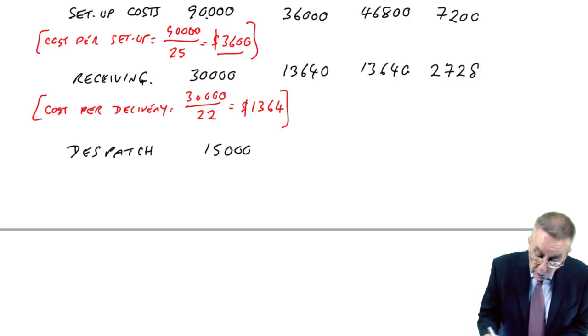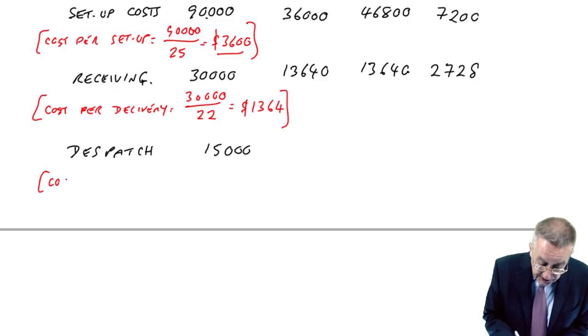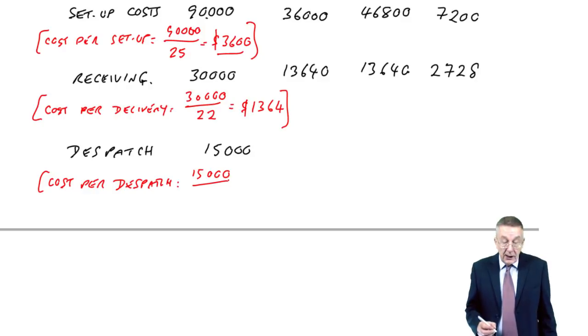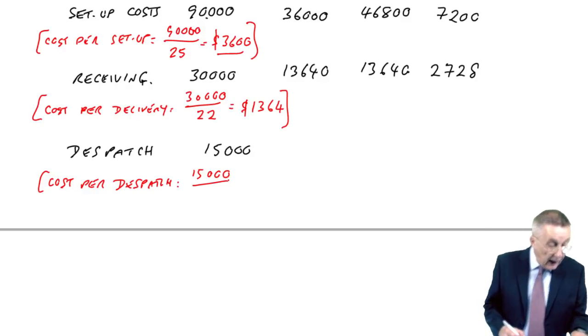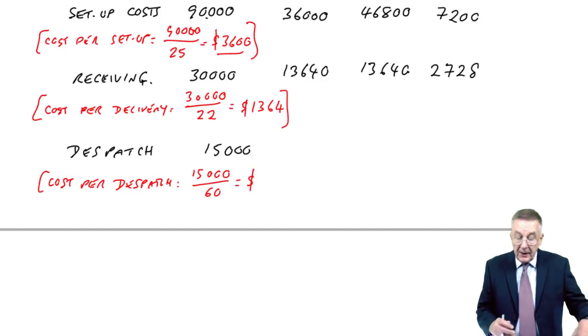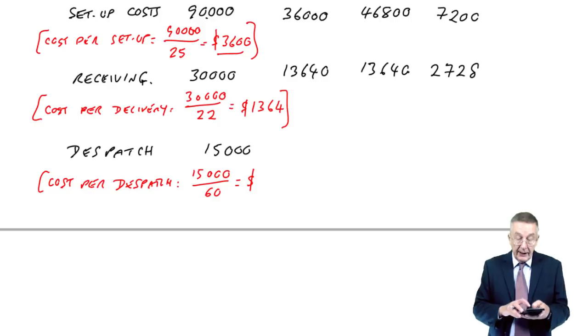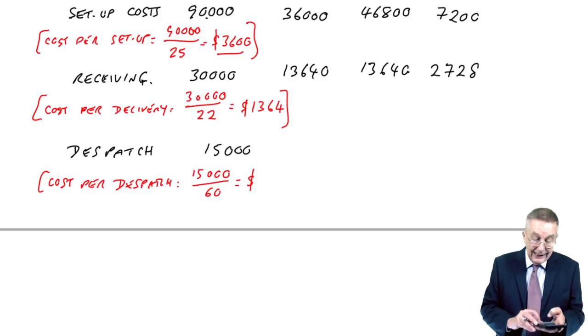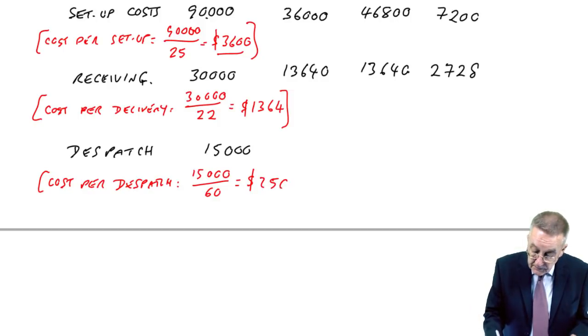And so the obvious way to absorb is cost per dispatch. In total, 15,000. How many dispatches in total? 20, 60. And so the cost per dispatch, 15,000 over 60, is 250.